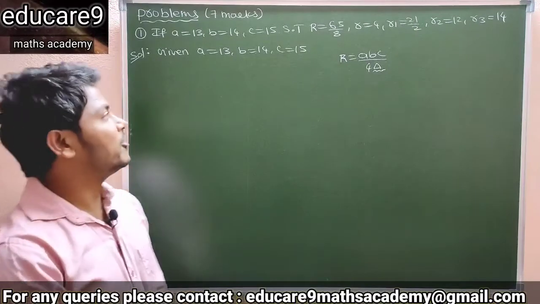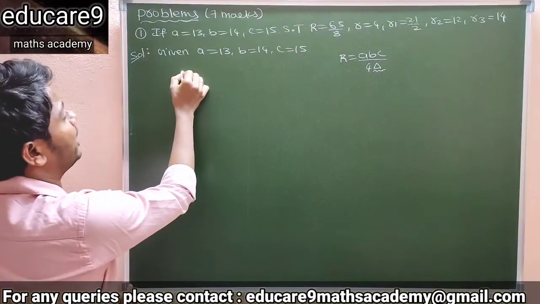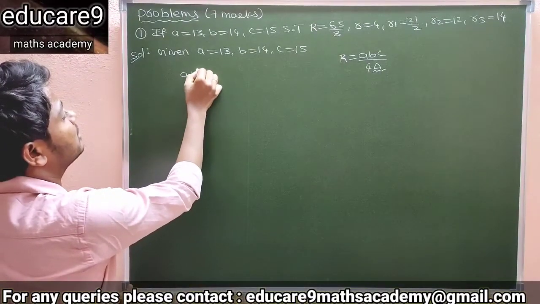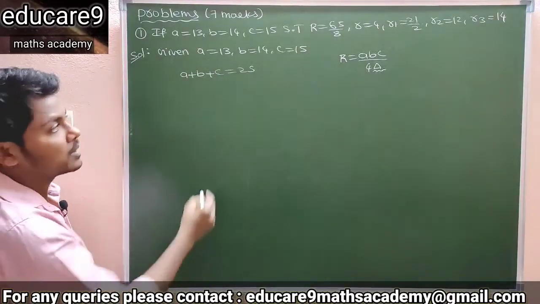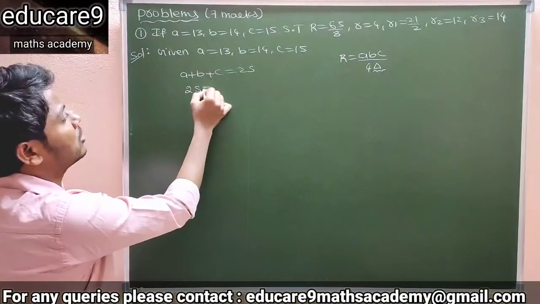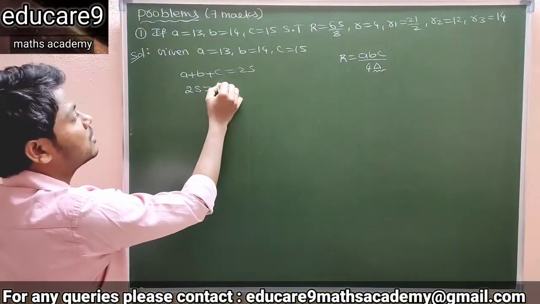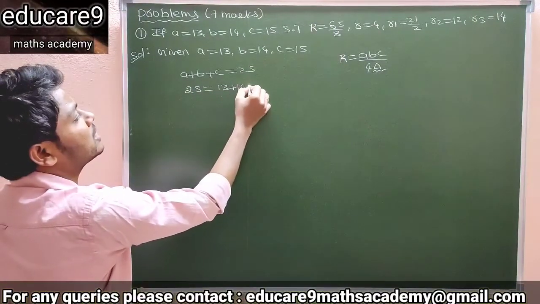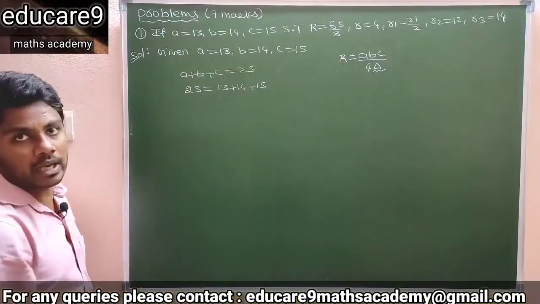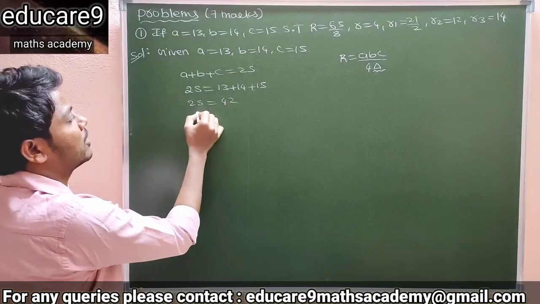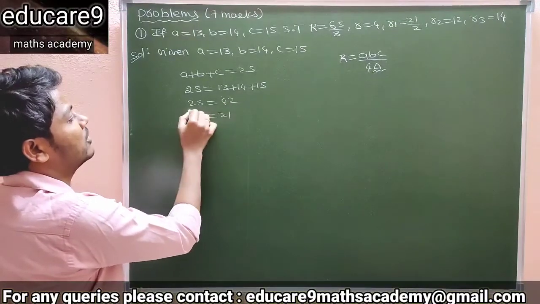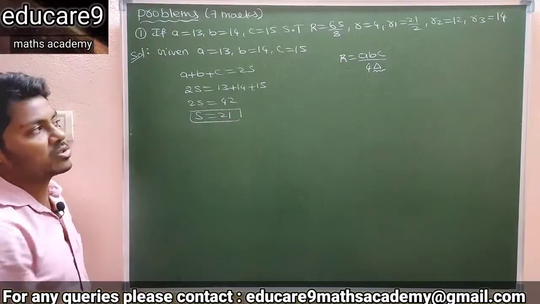Before that, you need to find the perimeter of the triangle, that is a plus b plus c equals 2s. So 2s is the sum of these three: 13 plus 14 plus 15. So 2s is equal to 42. From this, s is equal to 21. So the s value is 21.